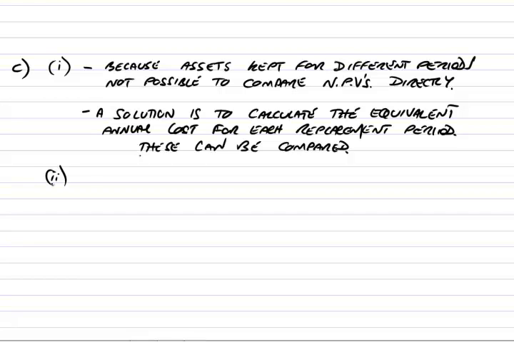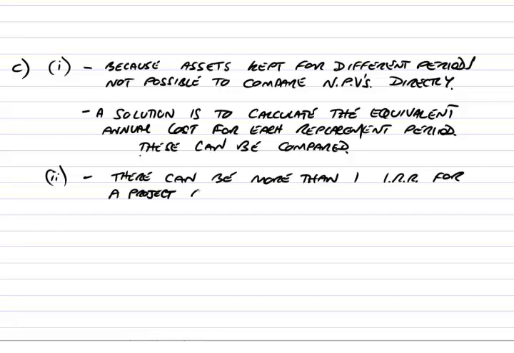It isn't unusual, but there can be more than one internal rate of return for a project, because, I'm not sure if you really need this, but because of changes in direction of cash flows.